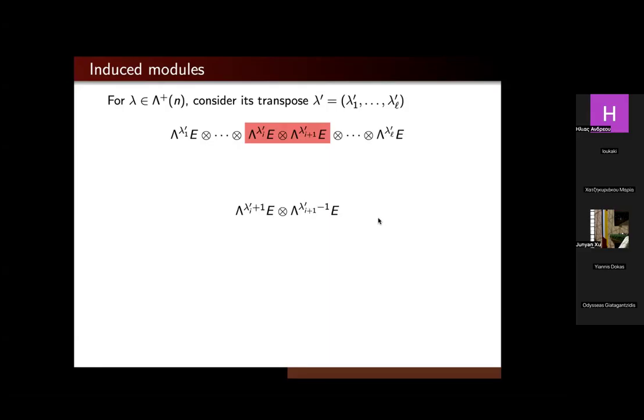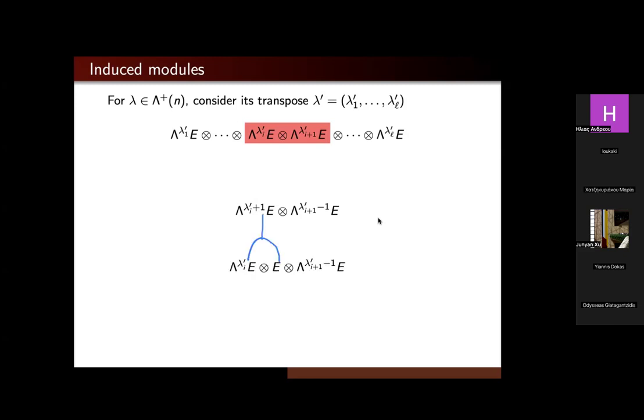Isolate it and think about exterior powers that will be higher up on the left, but you will decrease on the right whatever you took on the left. So an example would be that instead of thinking lambda i prime and on the right lambda i plus 1 prime, I think on the left lambda i prime and I add something, and on the right I have to decrease it from the right-hand side.